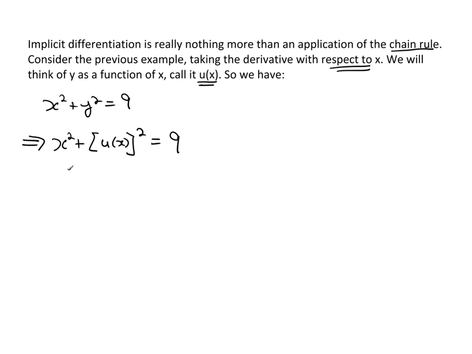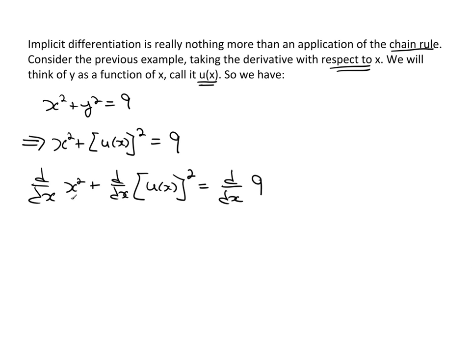Now if I take the derivative of both sides, I'll have d/dx of x squared plus d/dx of u of x squared equals d/dx of 9.